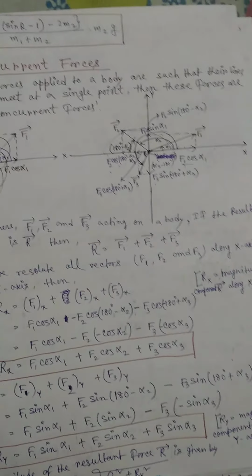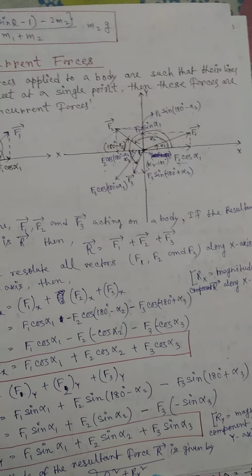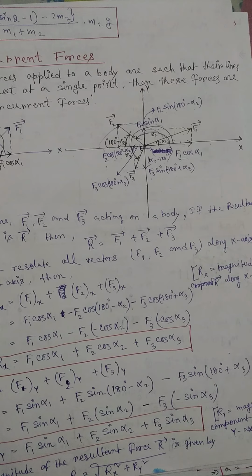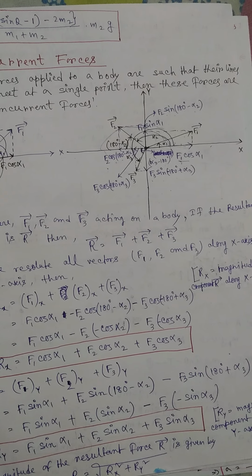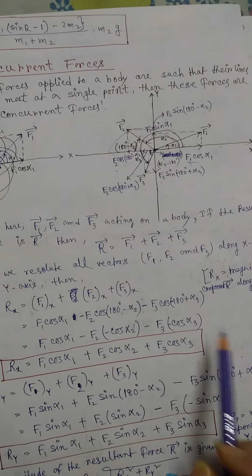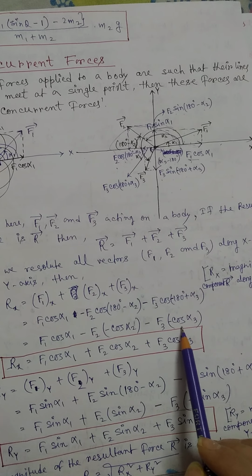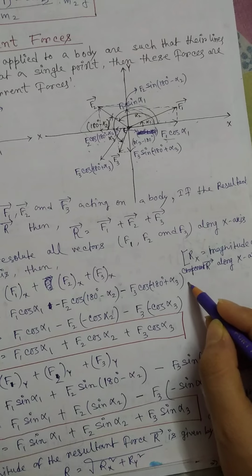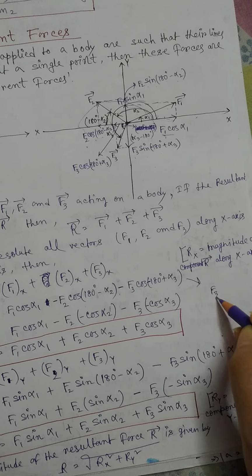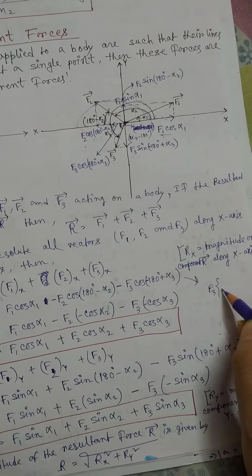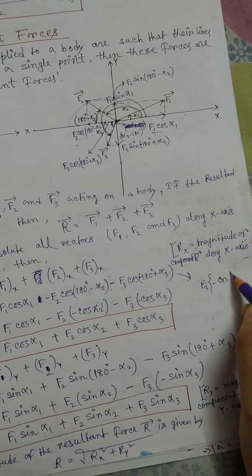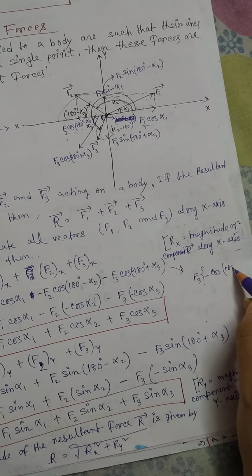So now, what about this component F3? Just take negative, minus cos, we can write 180 minus alpha 3.